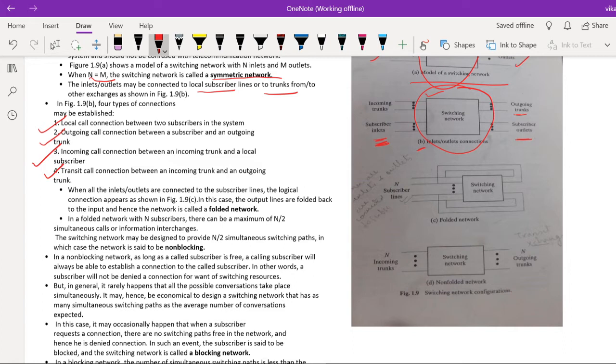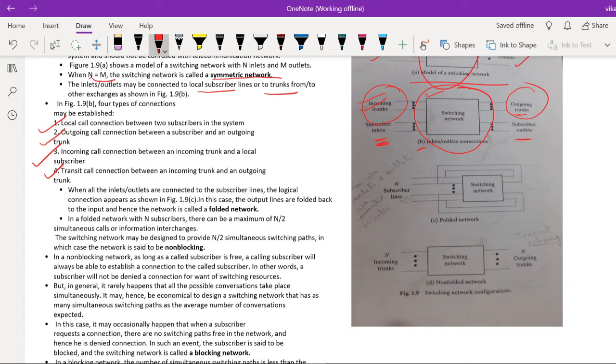Similarly, for an incoming call connection between an incoming trunk, there is some subscriber in some other exchange, and this exchange is getting an incoming trunk call for a local subscriber from the other exchange. And then we have a transit call connection between the incoming trunks here and the outgoing trunks here, right? So this was Figure 1.9b.